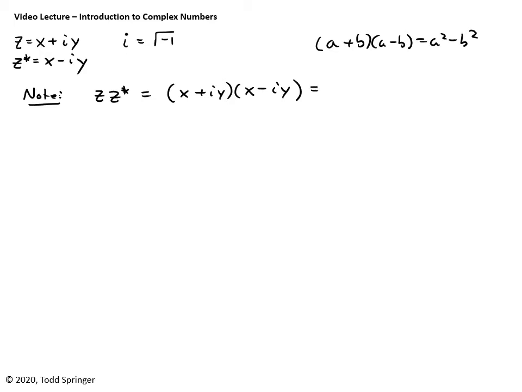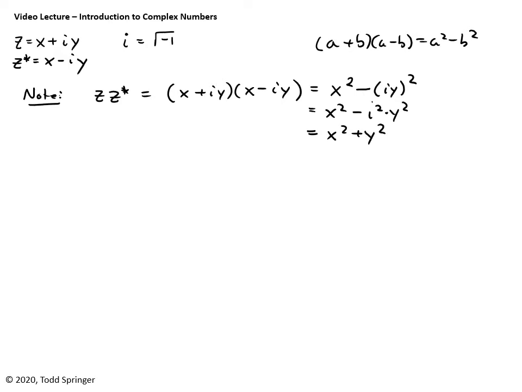So in this case, a is x, so the first term is x squared, minus b squared, which is iy squared, which is x squared minus i squared times y squared. But i squared is minus 1, so minus i squared is plus 1, so that's x squared plus y squared.